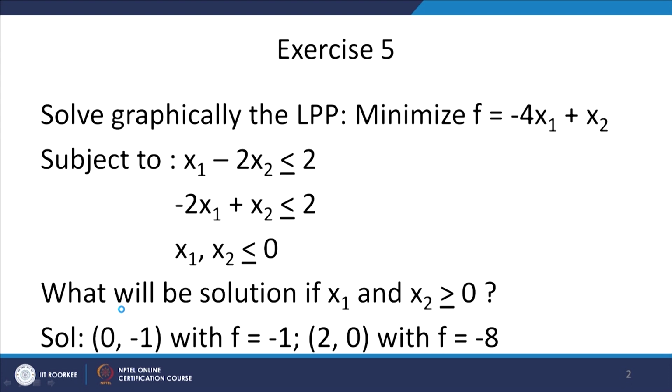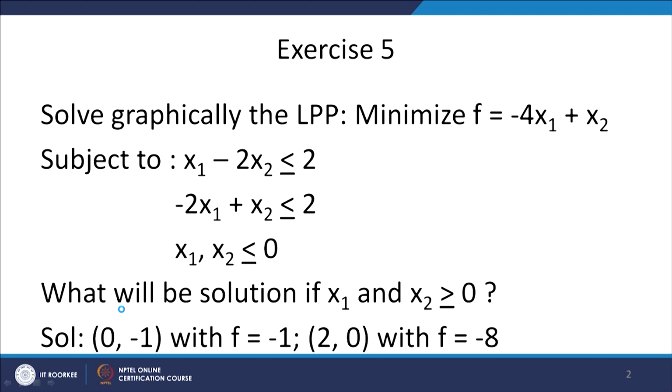You will observe that in most LPs, x1 and x2 are supposed to be greater than or equal to 0, but in this interesting example, the restriction is that x1 and x2 have to be less than or equal to 0.